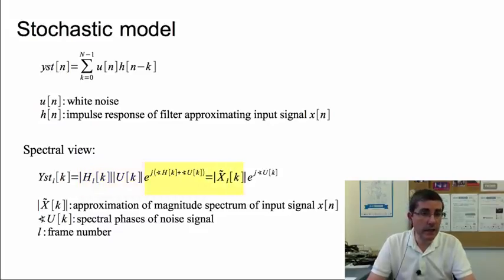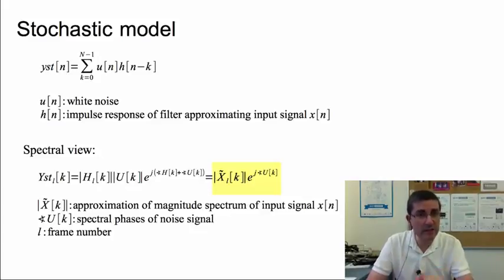And if we consider that this is a stochastic signal, we basically can say that the magnitude spectrum of white noise is a flat line, and we will see that a little later.